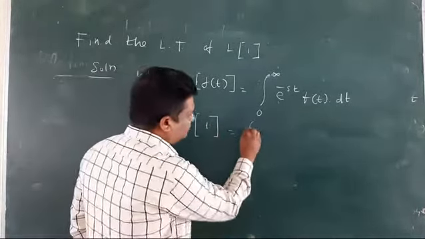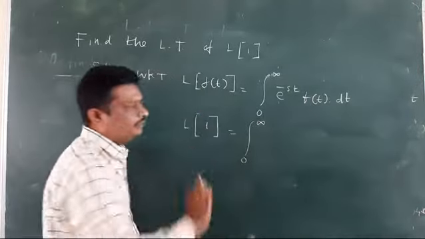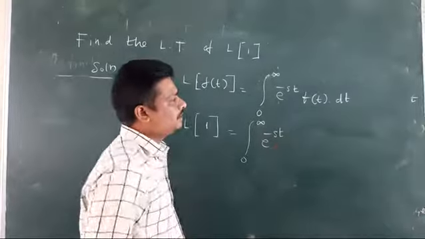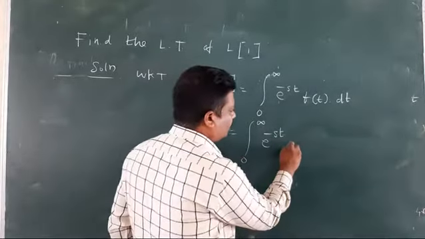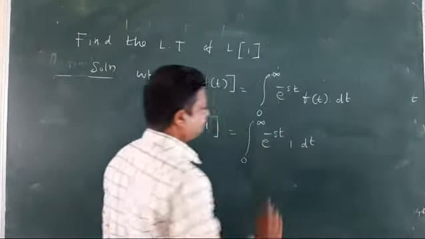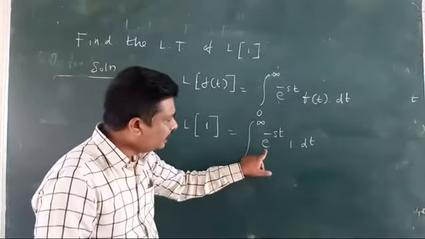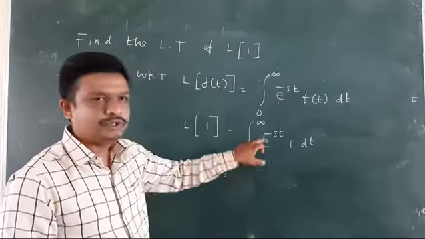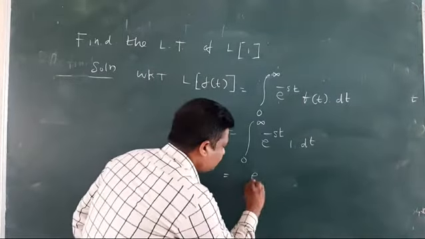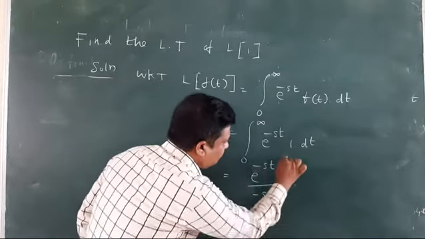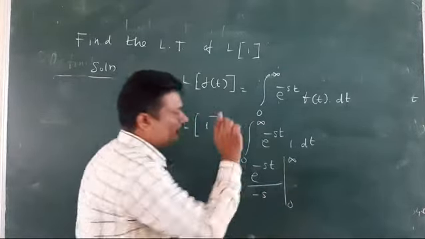So this implies integration 0 to infinity, I will write e raised to minus st as it is, value of f of t is 1, into dt. We know that integration of e raised to ax is e raised to ax upon a, that is, here e to the power of minus st upon minus s between the limits 0 to infinity.